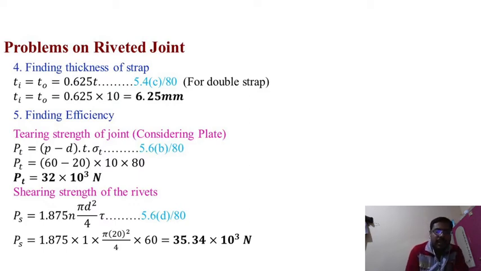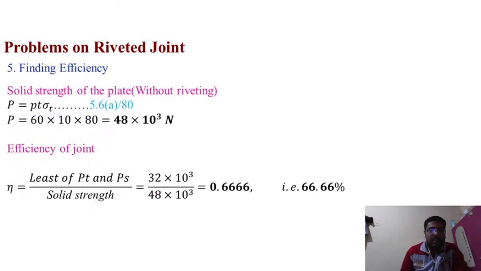P of S is equal to 1.875 into n equal to 1 into pi by 4 into diameter of the rivet 20 squared into shear stress 60. Therefore, the shearing strength is equal to 35.34 into 10 raised to power 3 newtons. Next is crushing strength. I think crushing strength is not needed here.